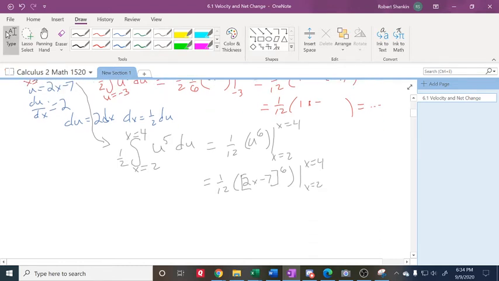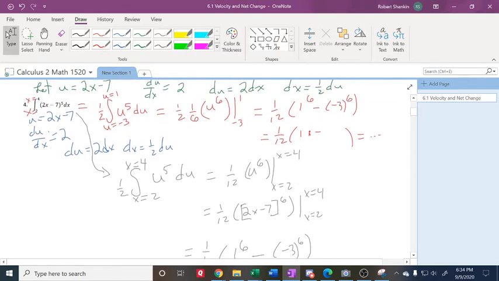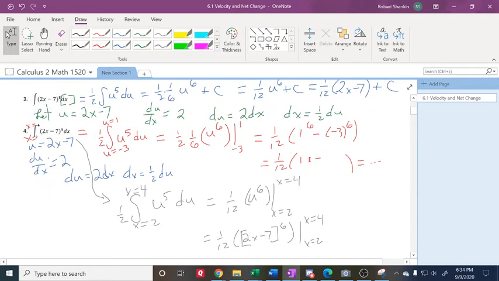And then, substituting this in, you're getting 1/12. When I substitute the 4 in, I'm going to get 1 to the 6th. When I substitute the 2 in, I get -3 to the 6th. Notice I'm getting exactly the same answer, but it takes a little longer. That's why I'll do this first method of what I have in red when I have a choice.